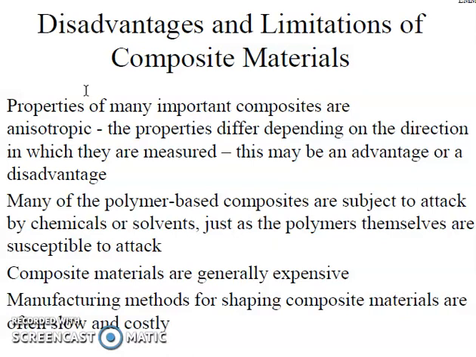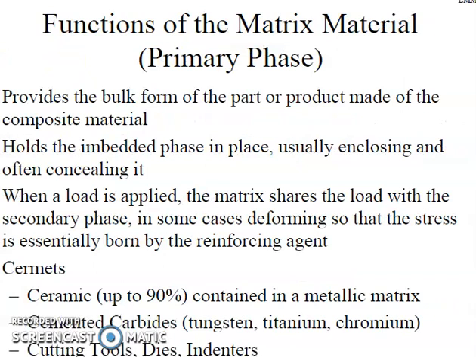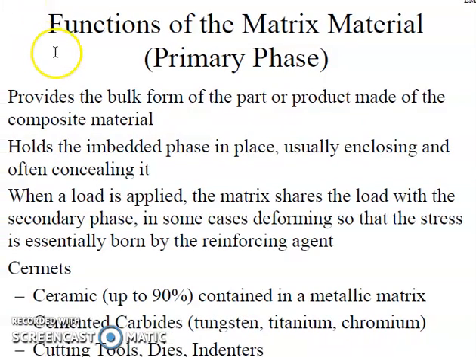Manufacturing methods of shaping composite materials are often slow and costly. The manufacturing cost, energy required, and setup required to make a useful component from composites are also costlier, and this limits composites. But whatever it may be, these composites nowadays play an important role for special applications in different industries.